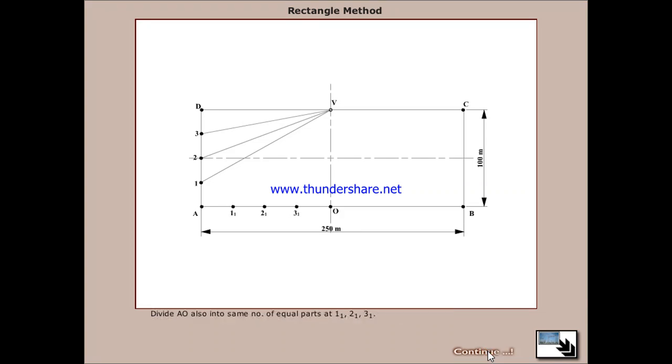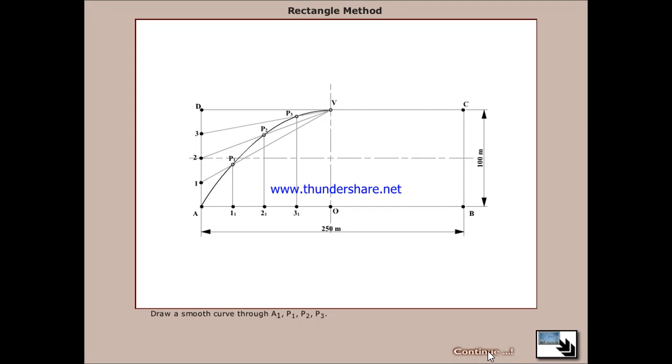Divide AO also into the same number of equal parts 1', 2', 3'. Draw perpendiculars to AB at 1', 2', 3' so that they intersect V1, V2, V3 at P1, P2, P3.